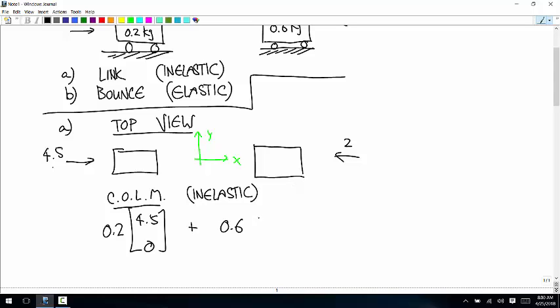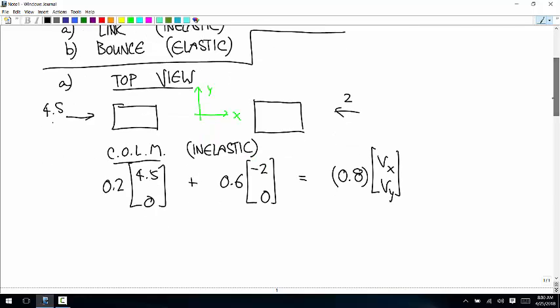This one's moving in the negative x direction. And then those are equal to the sum of the masses times the combined velocity after. You can solve for both of these components. You'll get that Vy is equal to 0 since everything's happening in a line, and you can solve for Vx.